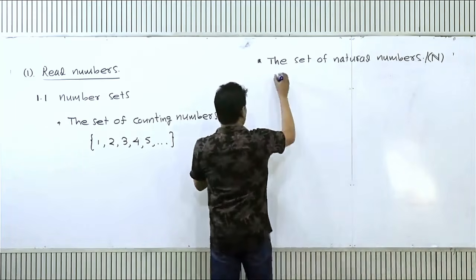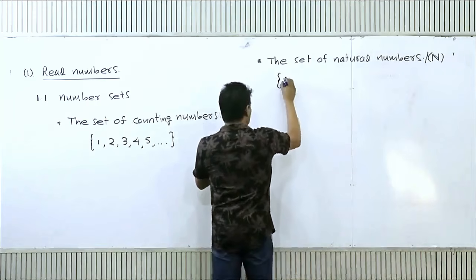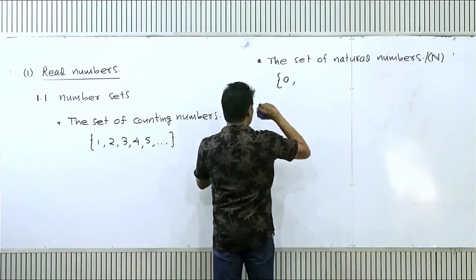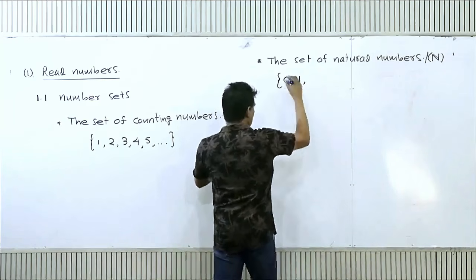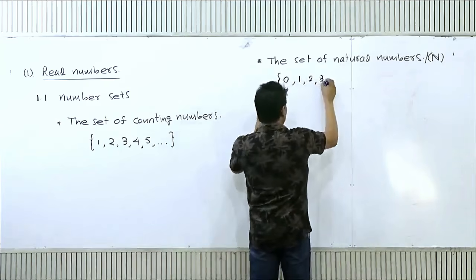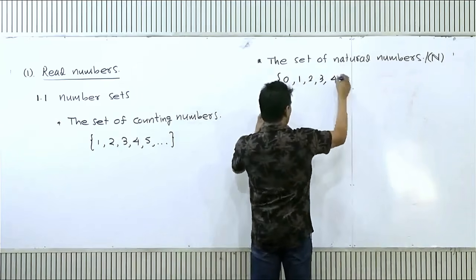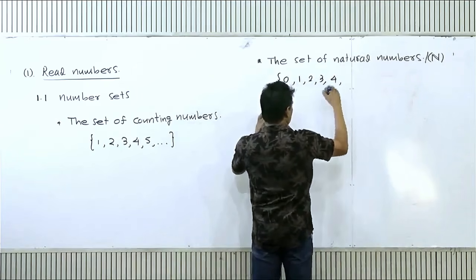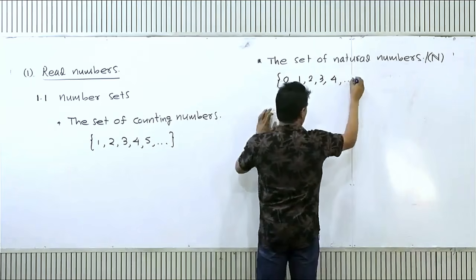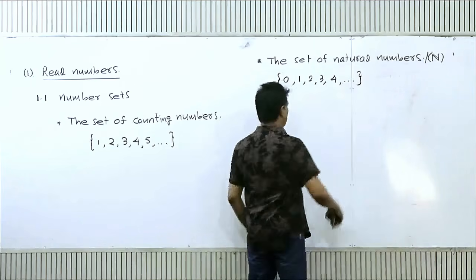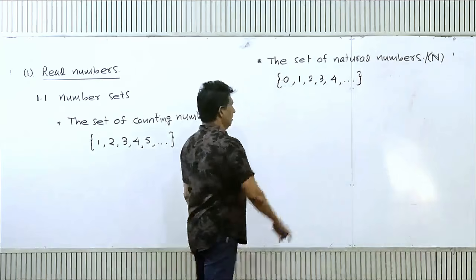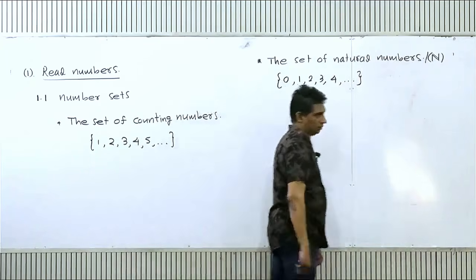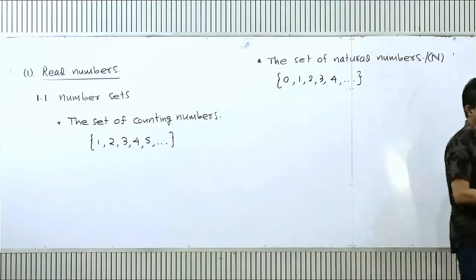In the natural number set, there is first the natural number 0, then counting numbers 1, 2, 3, like that. After a few elements are written, we put 3 dots and close the brackets.